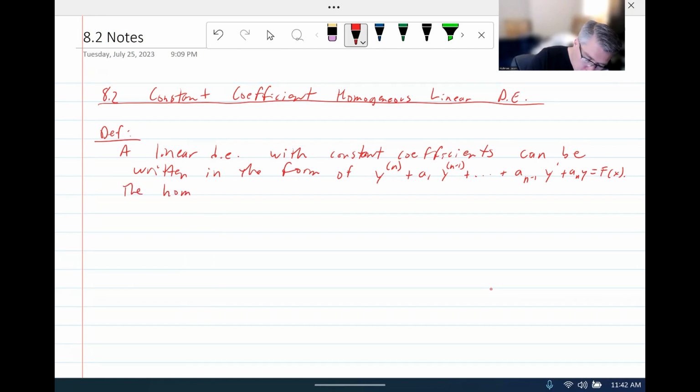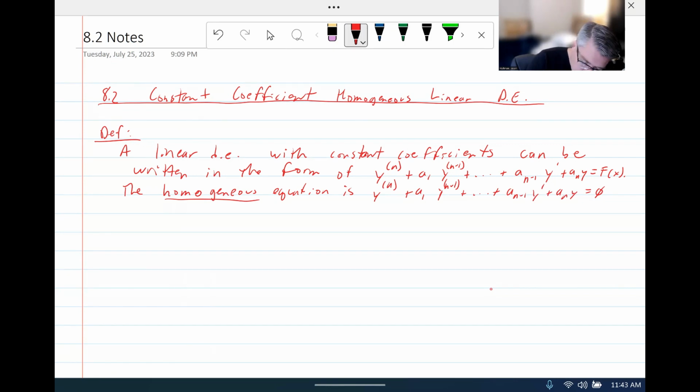The homogeneous equation is y to the nth plus a1 y to the n minus 1 plus dot dot dot plus a n minus 1 y prime plus a n y is equal to 0.